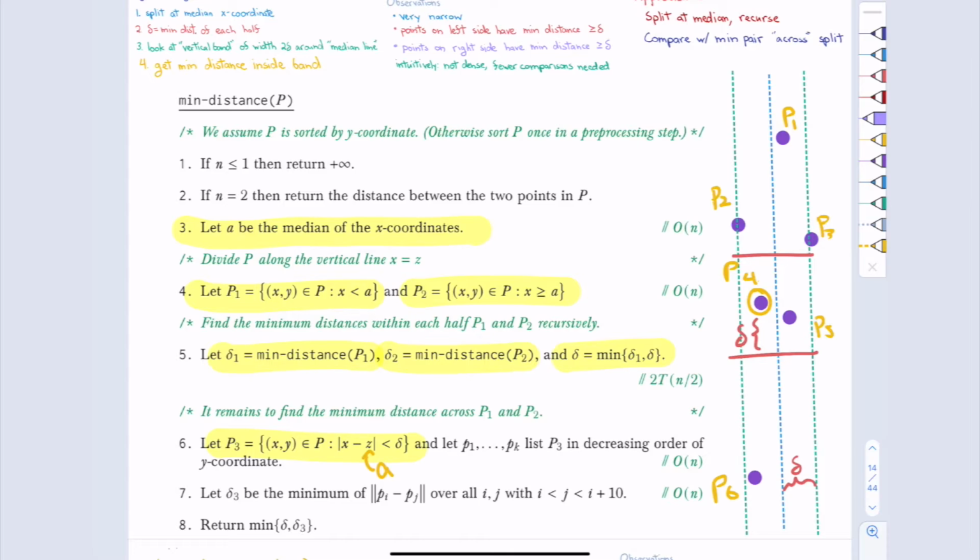So it's sorted by y, and then I kind of know that I only have to check a few nearby y coordinates, because there's only so many that can fit in the box. Okay, so that's why here I'm only comparing pi and pj. J is bigger than I, but not too much bigger than I, say within 10.